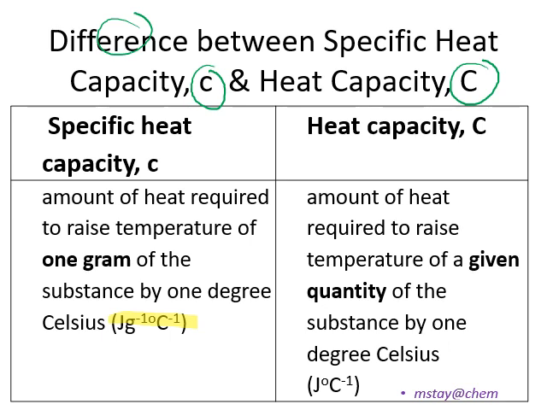That means it is the heat energy required to raise 1 gram of the substance by 1 degree Celsius, so we have to consider the mass of the substance. The other one is heat capacity. The unit for heat capacity is joule per degree Celsius, which means the quantity is already considered.